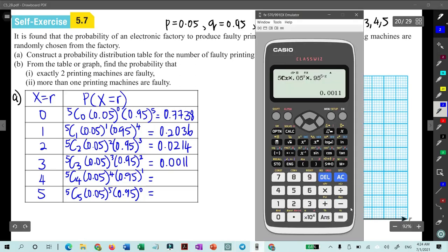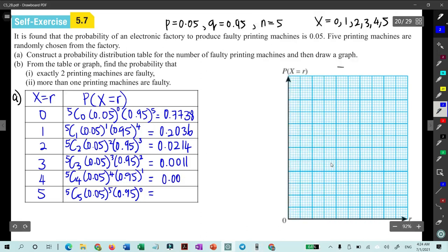And when X is equal to 4, the value is very small. When we write to 4 decimal places, we only get 0.0001. The next one also gives the same thing.